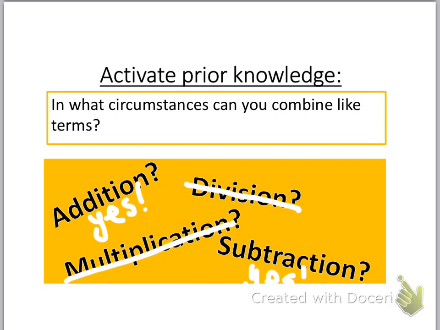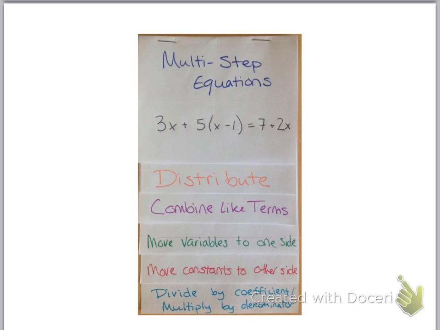So let's take a look at this problem. I've got the equation 3x plus 5 times the quantity x minus 1 is equal to 7 plus 2x. I'm going to pass out the foldables, and I would like you to copy exactly as you see here these parts onto your foldable.